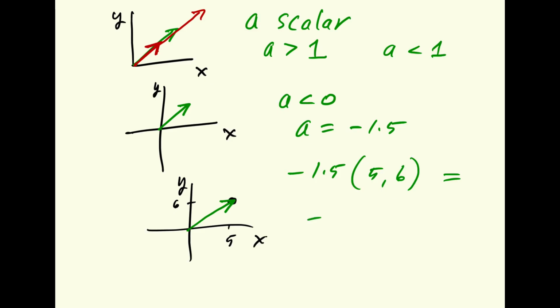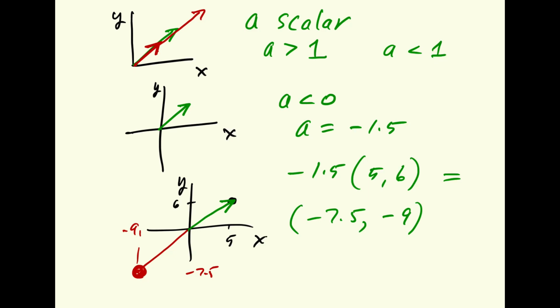That's equal to minus 7.5, comma, minus 9. So the resulting multiplication of the scalar by the vector produces another vector in the negative direction, where this is minus 7.5 and this is minus 9, and this is the vector that is minus 1.5 times the green vector.